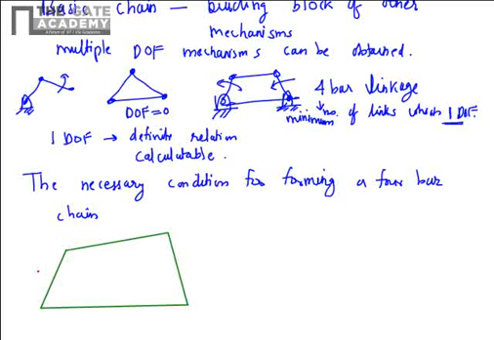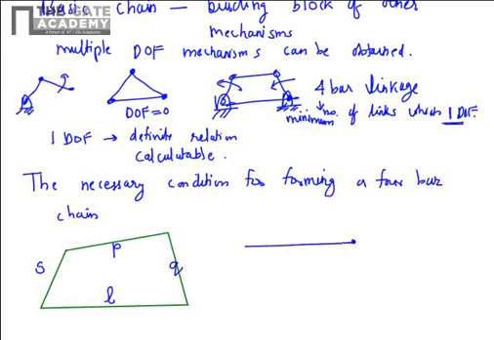So the shortest link we will mark its length as S. The longest link we will mark its length as L. And the other 2 links, anyone you can mark as P and the other one you can mark as Q. So like that you have the lengths of these 4 links.